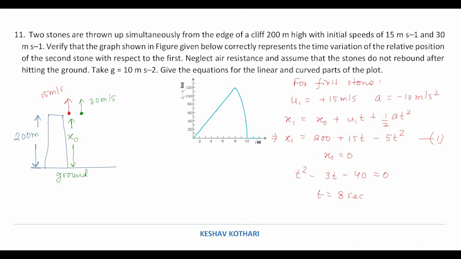This is the reason why in the graph till 8 seconds we are seeing a particular type of graph, after which the nature of the graph is changing. Since the stone was projected at t equal to 0, we have taken till t equal to 8 seconds. Now let us write the equation for the second stone.